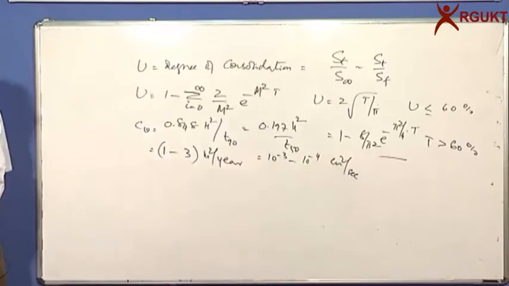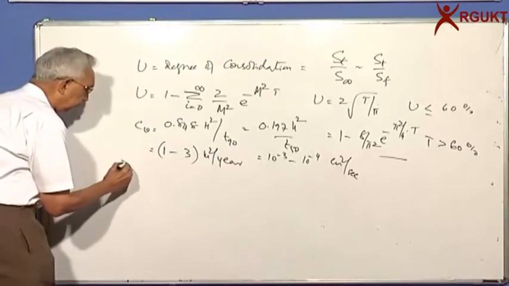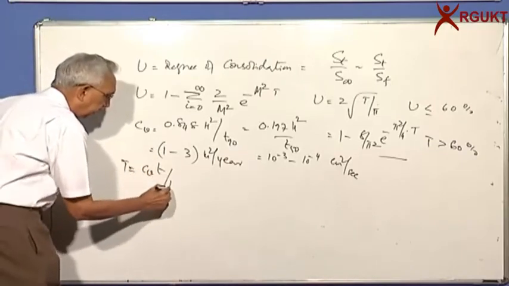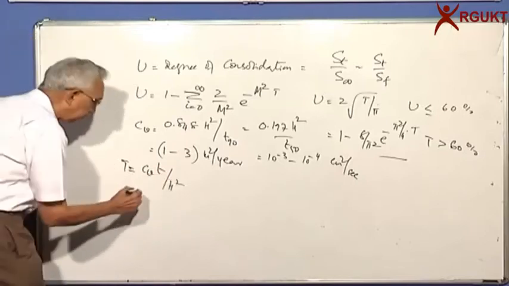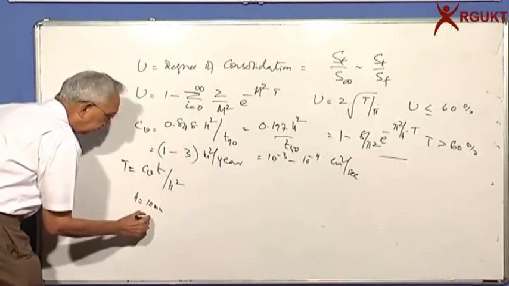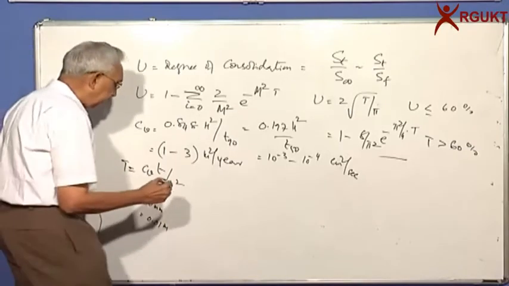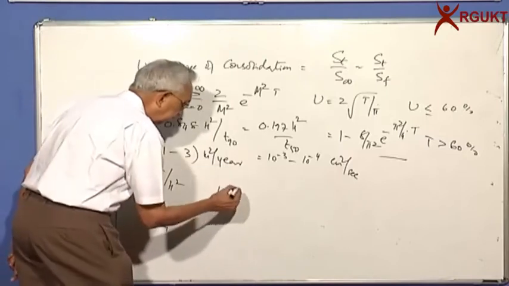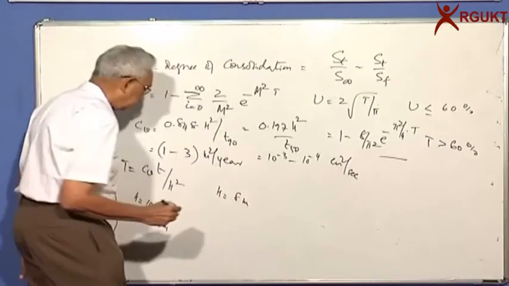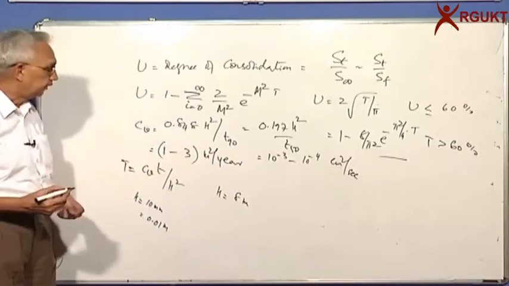Another very important thing I want you to notice: why does it take such a long time? If I look at T is equal to Cv t by h square, in the laboratory h is 10 millimeters, which is equal to say 0.1 meter. In the field, h can be, let's say, maybe 8 meters. So let us try to find out how long it will take to consolidate.